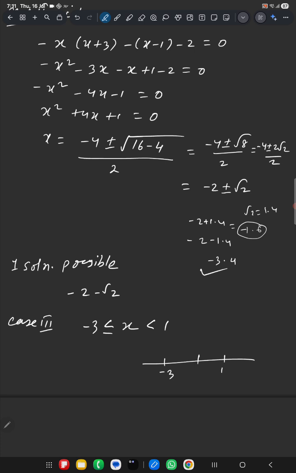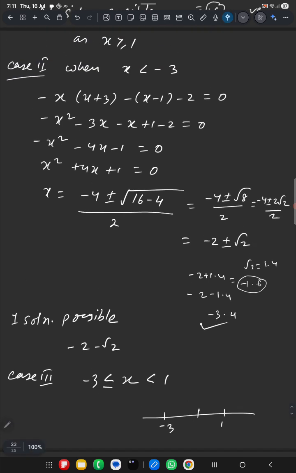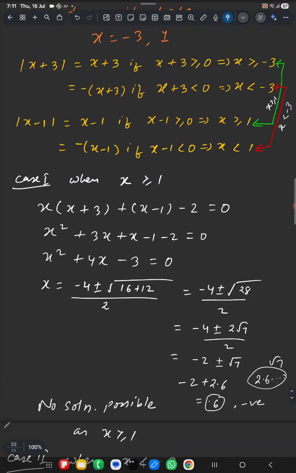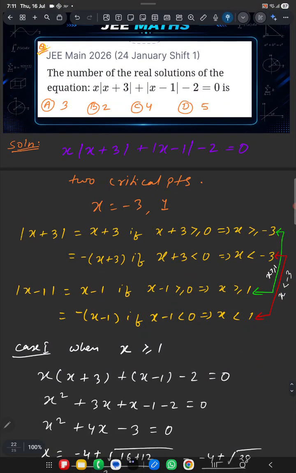Within this range, suppose we take any point among these intervals, minus 2 for example.